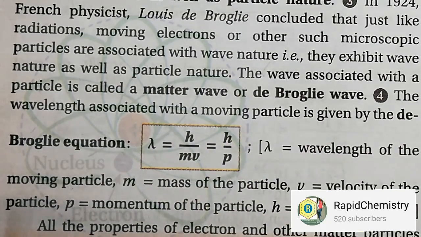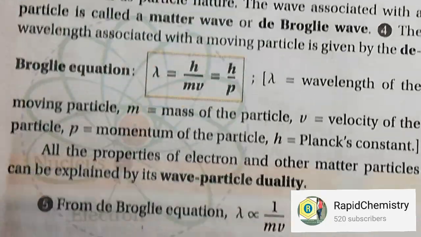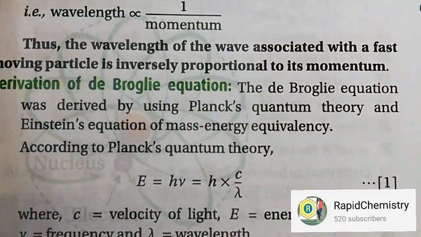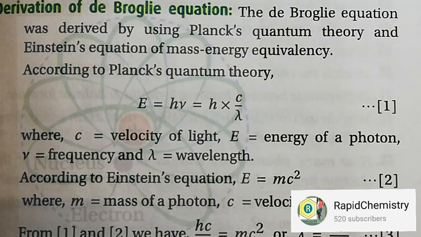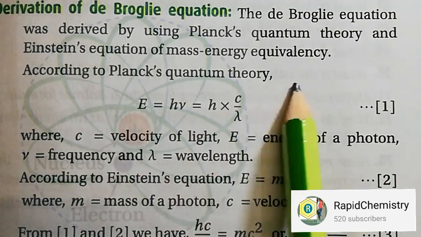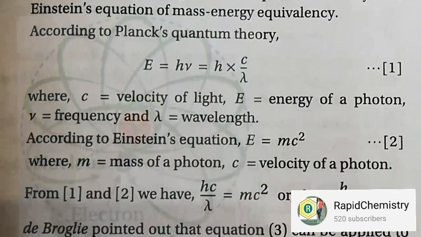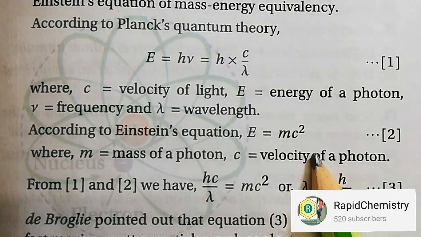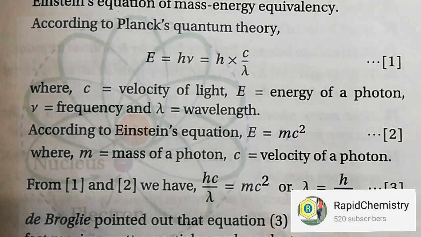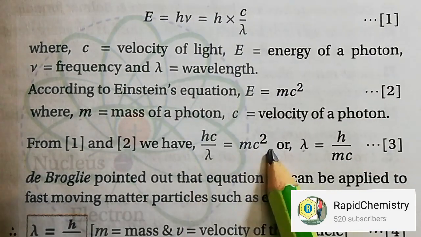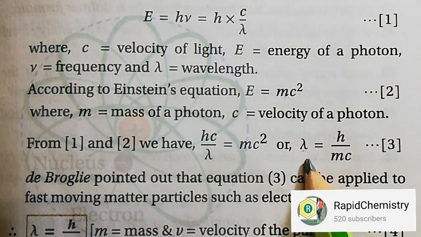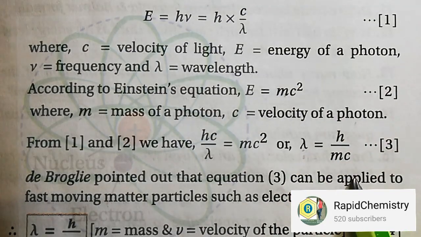That equation can be derived by combining two equations as we did earlier. According to Planck's quantum theory, E equals h nu, where nu equals c by lambda, and according to Einstein's equation, E equals mc square. Combining these two equations, we have lambda equals h by mc.